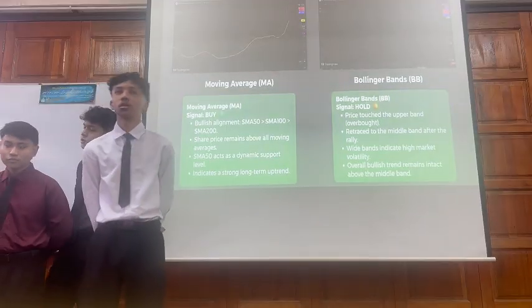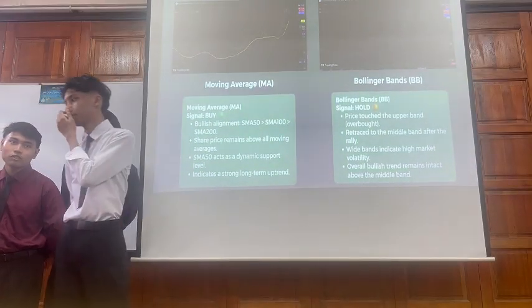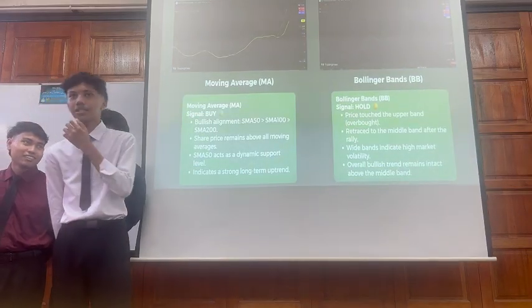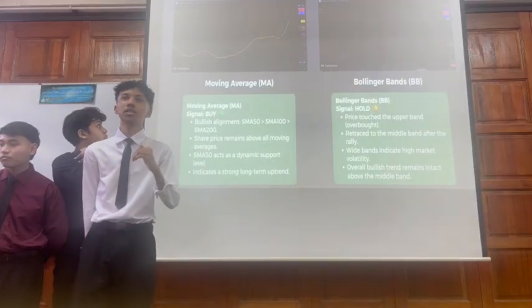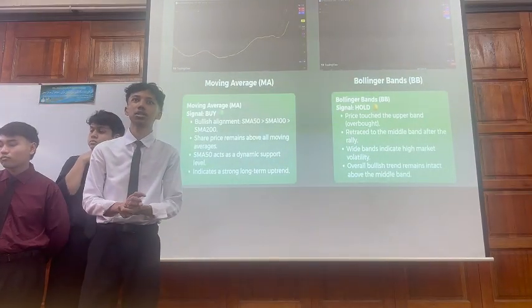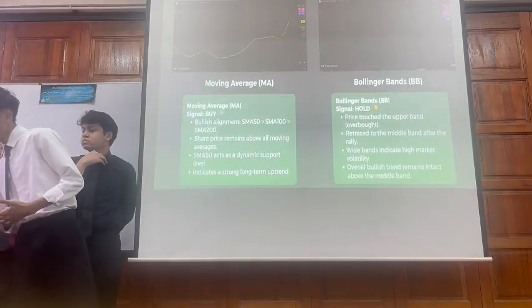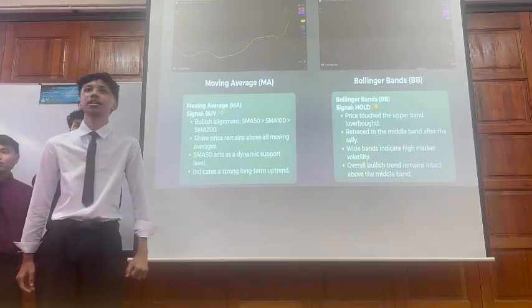Investors hold holding a band. Why? Because right now, after the price touch the upper band, it still didn't cross the middle band. So there is a possibility of short retracement and the price will go up again.